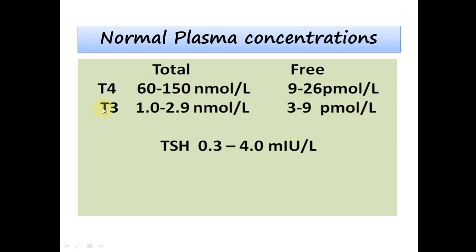T3 measurement is very important for hyperthyroidism, and since most of the T4 is converted into T3 at the peripheral level, so a normal T4 level in the face of elevated T3 will indicate the T3 induced thyrotoxicosis. The normal level of the TSH is measured in milli international units per liter, and it should be 0.3 to 4.